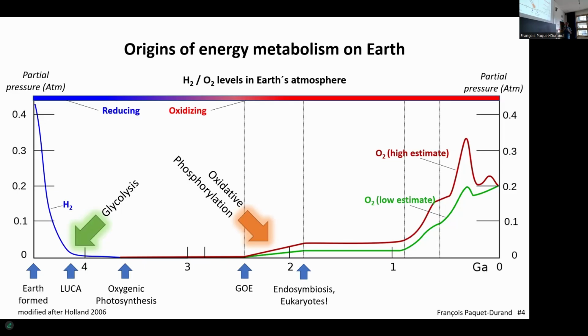And these oxidative organisms later on became the mitochondria of the eukaryotes. So mitochondria are actually originally separate organisms that joined symbiotically with other organisms that mastered glycolysis.